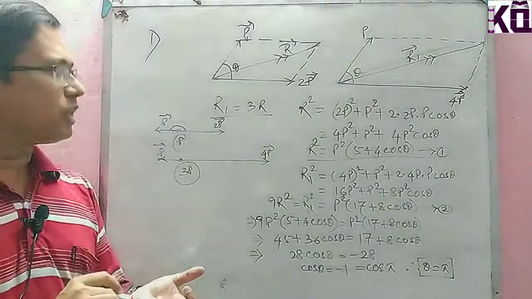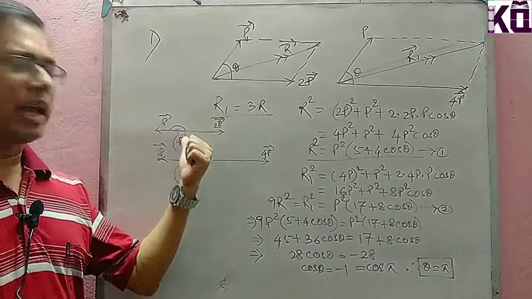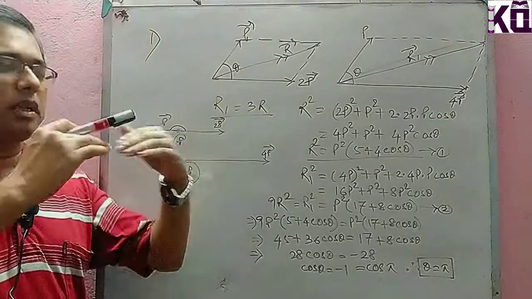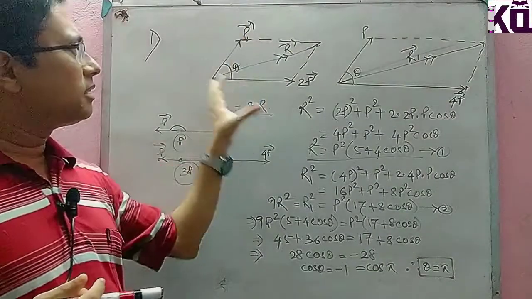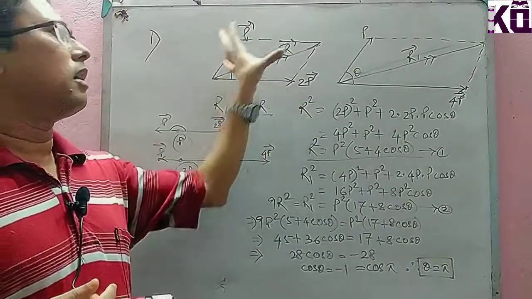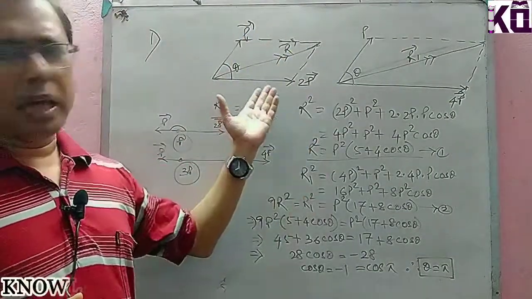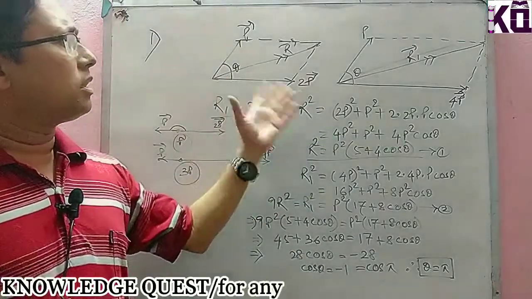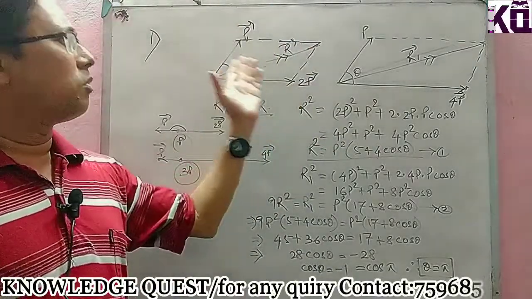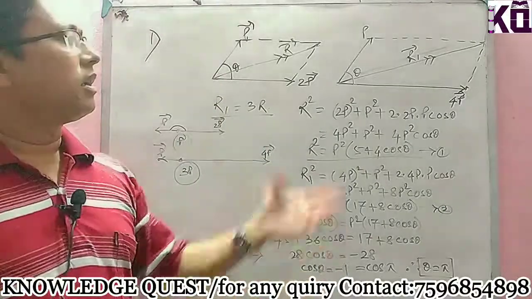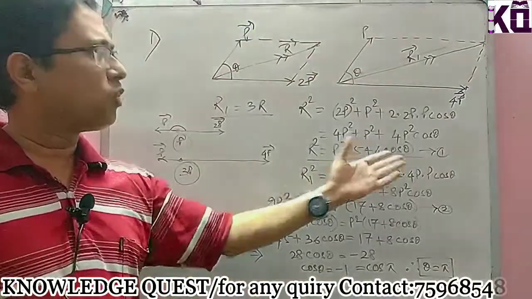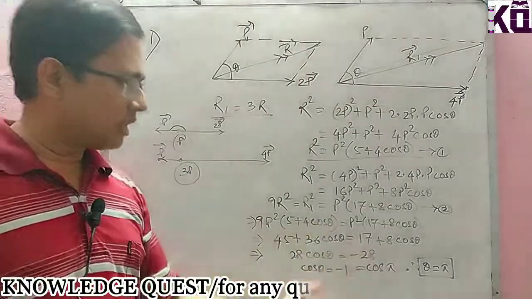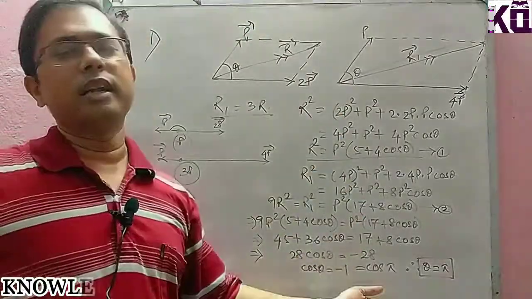Initially we can't identify whether that particular angle is a straight line or not. We have to make the pattern like this, either from the parallelogram law or from the triangular law. What is the formula? Already we know. Now this R and R1, what is the relation between these two? Already we know. You have to replace that, and then finally from this you have to identify the value.